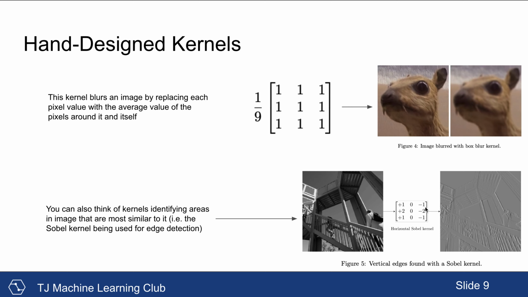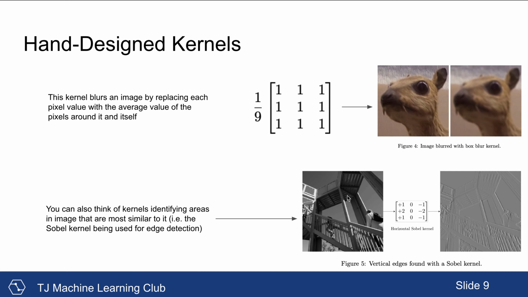This is also highest when the matrix underneath, the matrix that you're convolving with, is similar. So when you do the convolution operation, this becomes highest when the image also matches the structure, where you have high pixel values on the left side and low pixel values on the right side.